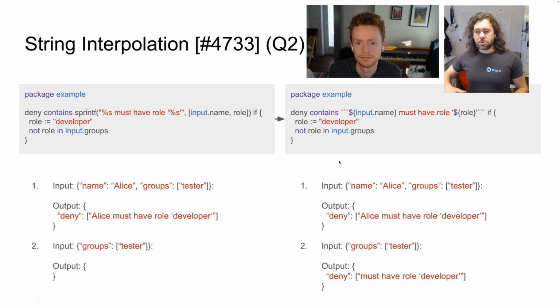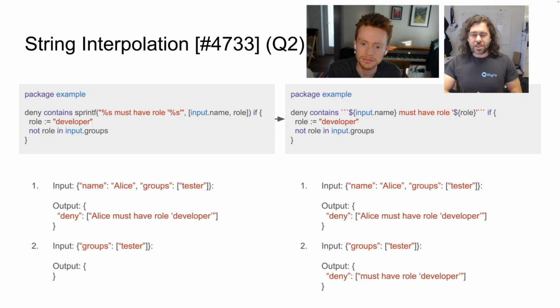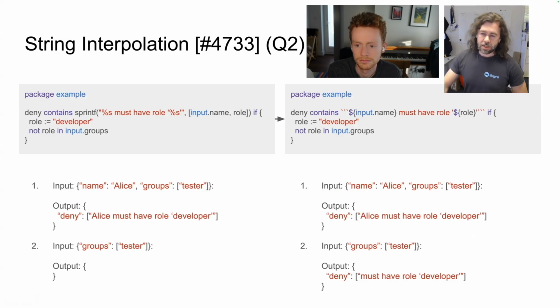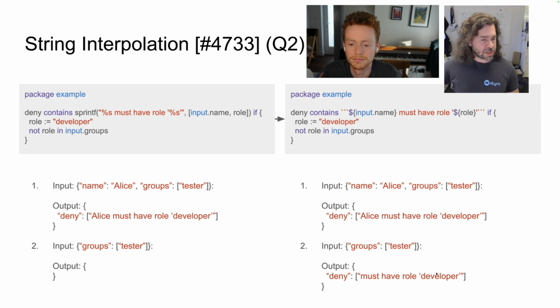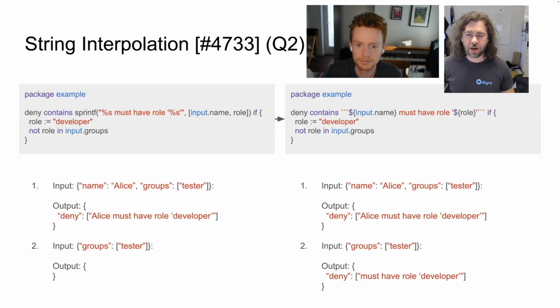Whereas with this new string interpolation concept, we can deal with undefineds in a new way that isn't breaking for existing policies. If we can't calculate that value, we will still evaluate the rule. It's just that the output value won't end up in the string we're constructing. So here, we just don't have Alice as part of the output string.